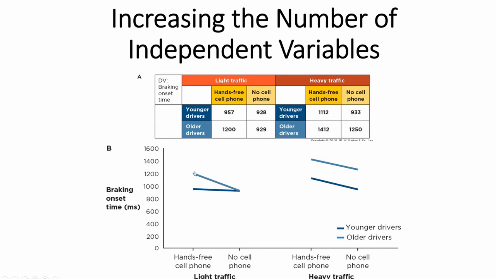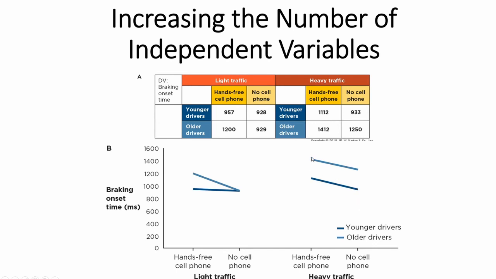For older drivers, this lighter line, they tend to have a slower reaction time when hands-free than on no cell phone, even in that light traffic. In heavy traffic, this interaction, this difference in slopes, seems to go away because now we have 2 parallel lines where the younger drivers' performance drops, their reaction time increases when they have to be on the hands-free versus no cell phone, so they have a slower reaction time hands-free than they do on no cell phone.